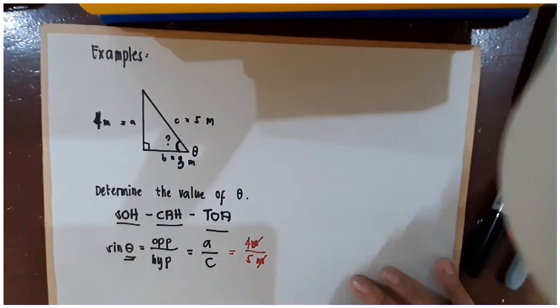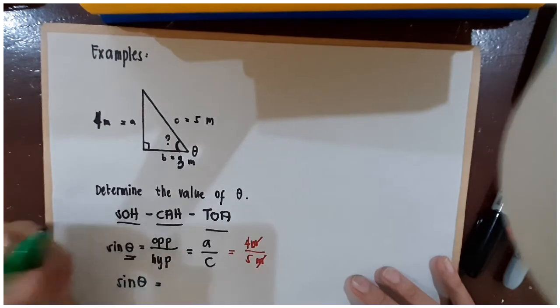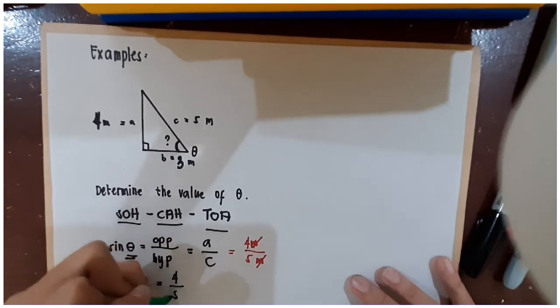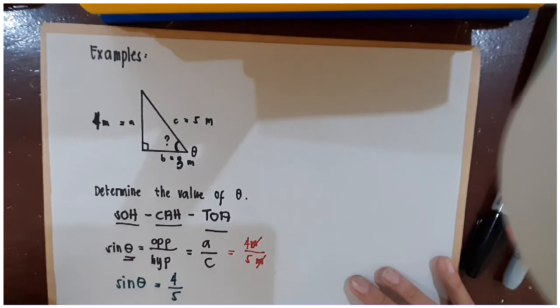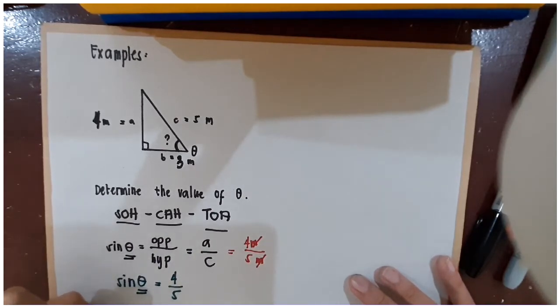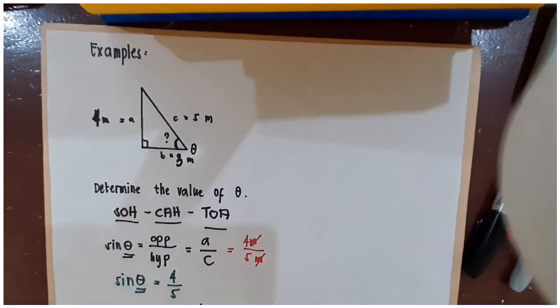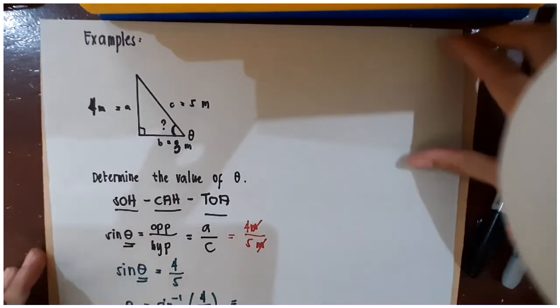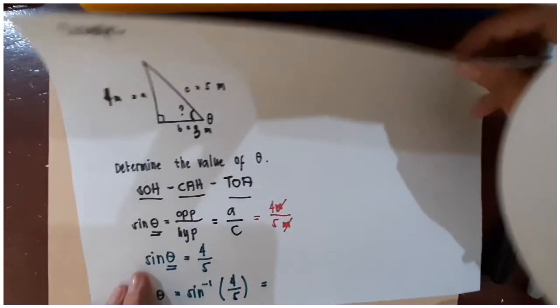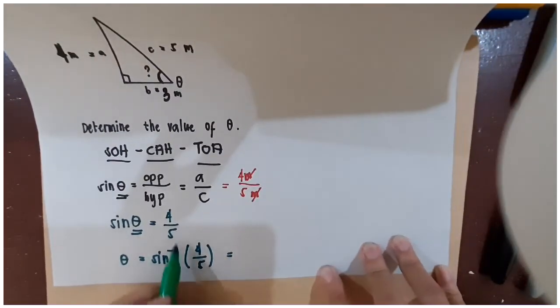Okay. So your equation now is sine theta equals 4 over 5. Okay. So how do we get your theta? So theta is now sine inverse 4 over 5. Okay, so that's how you solve it. You have now theta is sine inverse of 4 over 5.